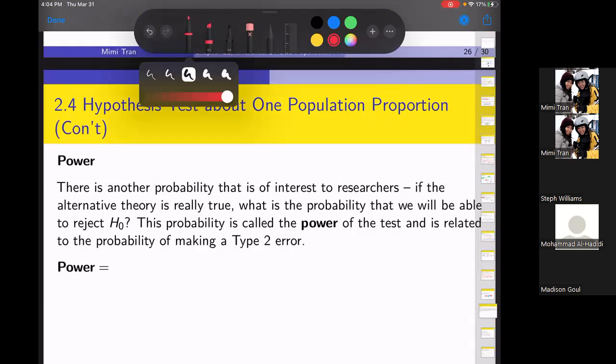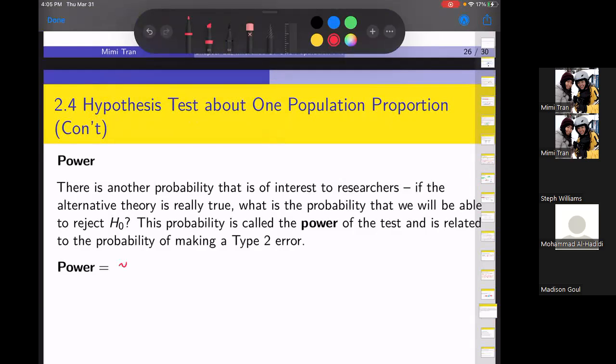The power of the test, the power probability is the, all of a sudden I forgot the terminology. Oh, it's the complement of type 2 error. The power is the complement of type 2 error.